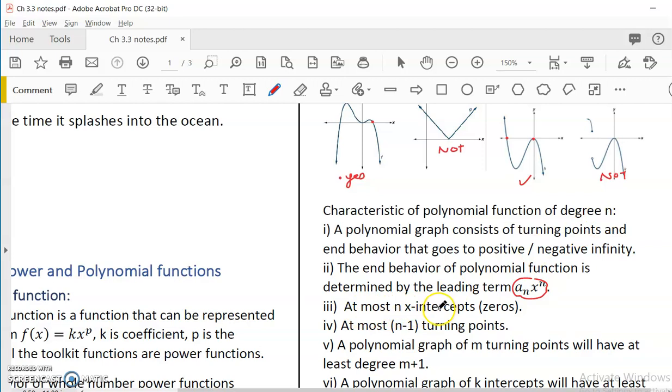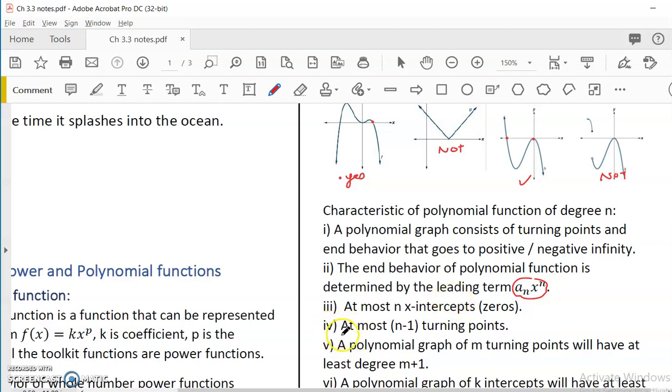So if it is degree 3, you can have a maximum of 3 intercepts. You can have less. Like quadratic functions, degree 2, the most intercepts you can have is 2. If you are degree 5, the most that you can have is 5. So, etc. You can have less, but you cannot have more than n x-intercepts.